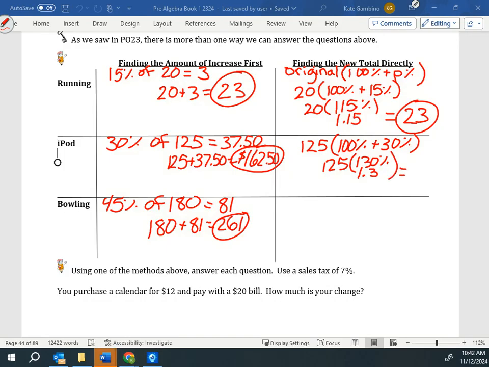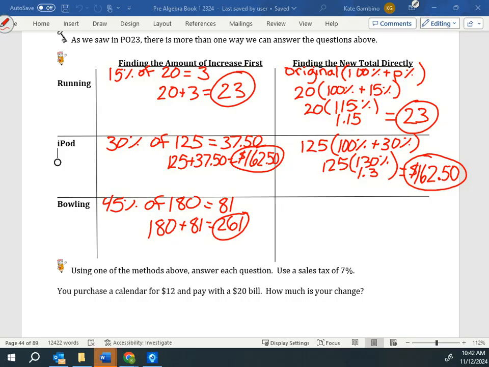And what do I get? Claire? 160. And remember, this is money, so we go out to that hundredth place, because we get 162.5, but when we put that dollar sign on it, we want to make sure we go to the hundredth. Again, same answer. We just switched up our steps to get to it.